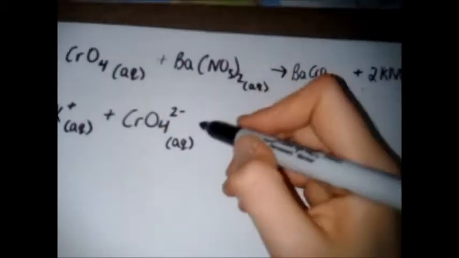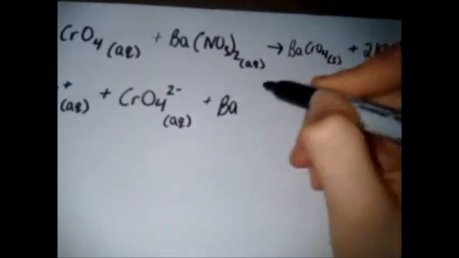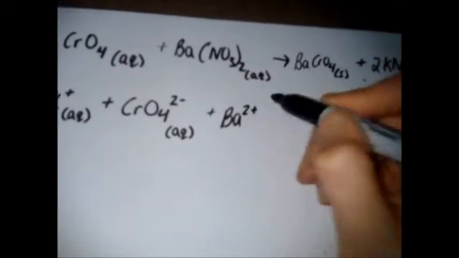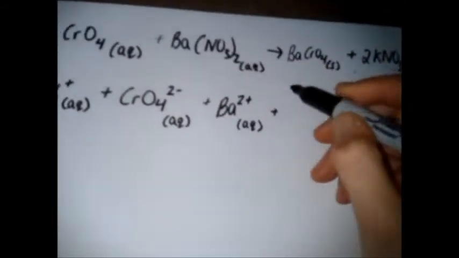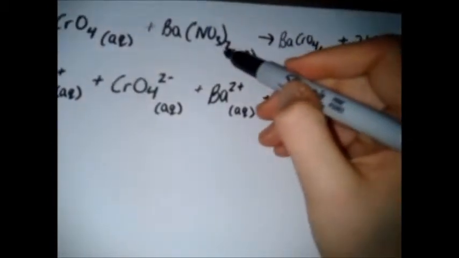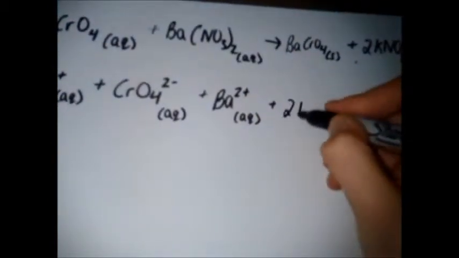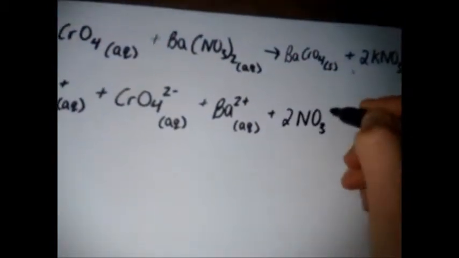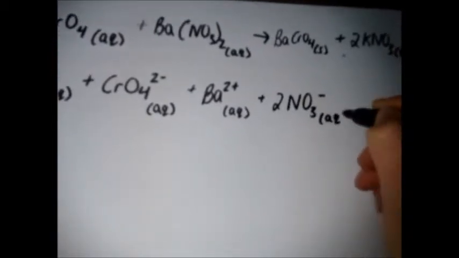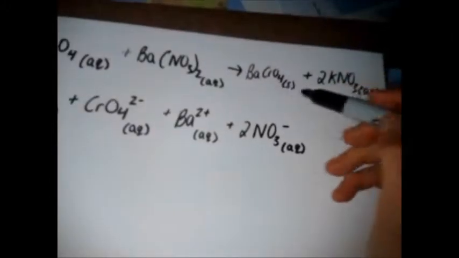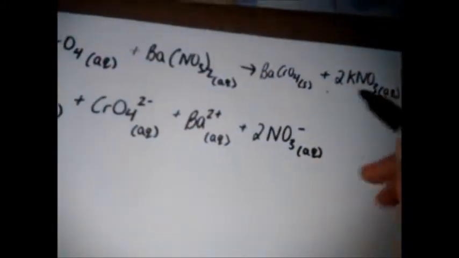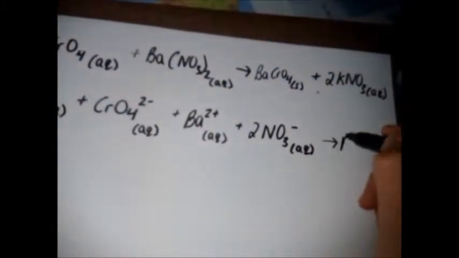So now we move on to our other compound, barium. Barium is going to be 2 plus, plus nitrate. There are two nitrates. Another polyatomic ion, very important to memorize. You encounter it quite often. Your solid right here, you leave it alone and just write it down as is.